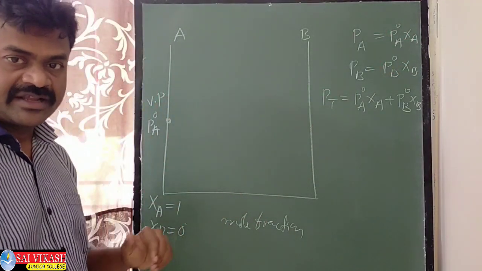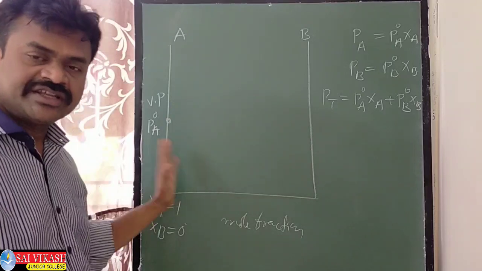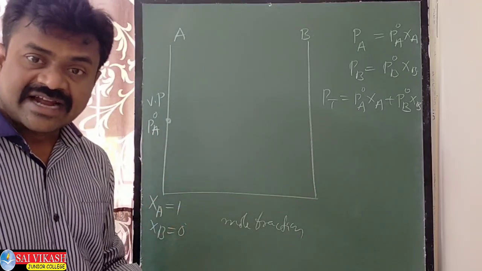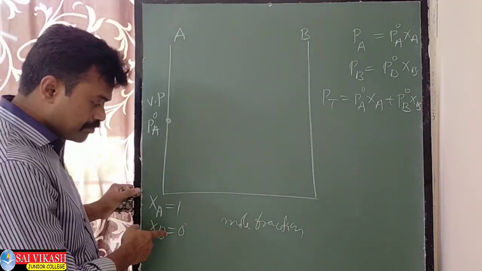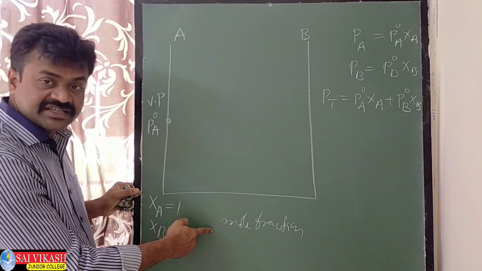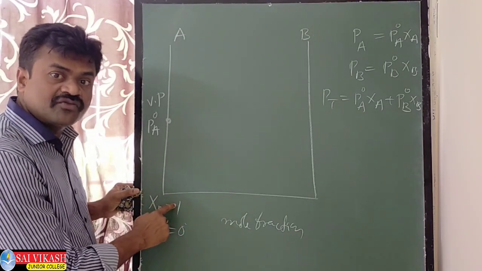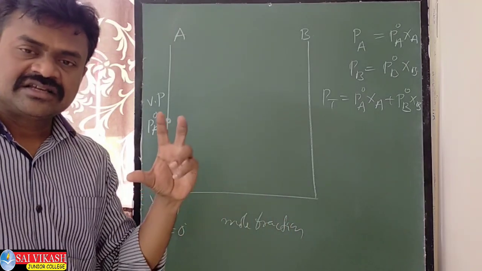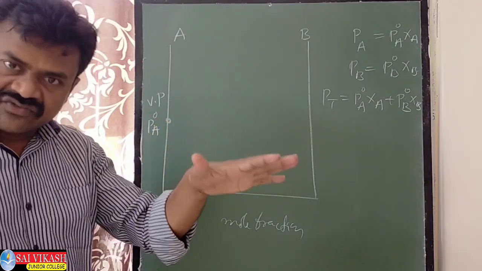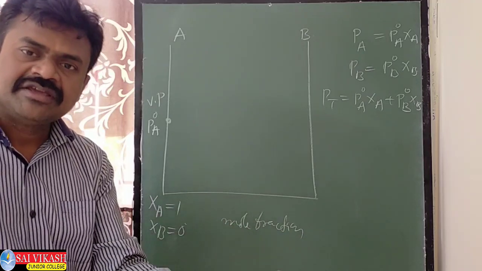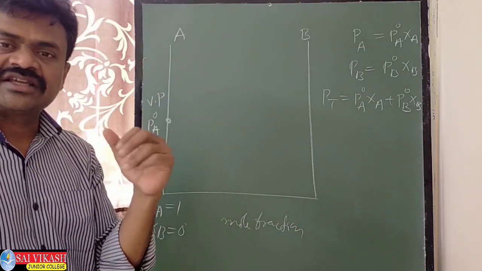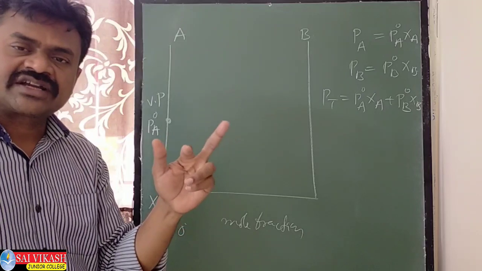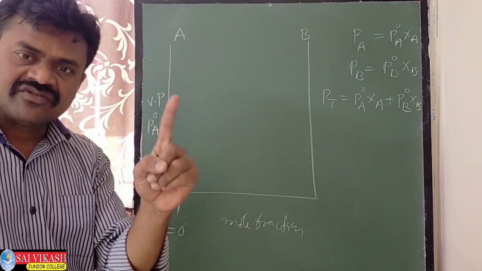Now see what is happening. I am adding B to the A. When B is added, what happens? The B mole fraction increases, therefore the A mole fraction decreases, because the sum of the mole fractions of A and B is always 1.